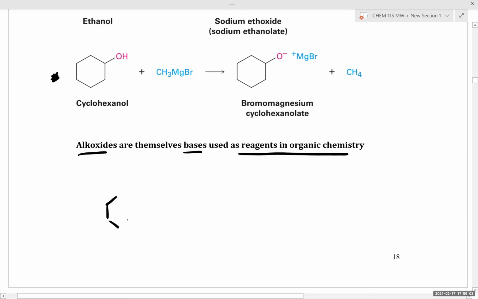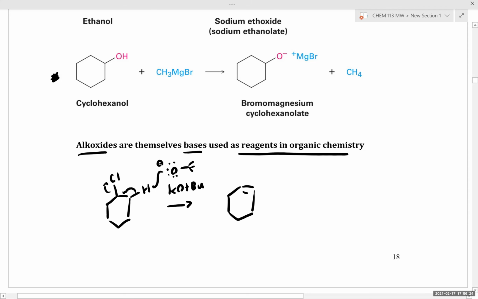For example, if you want to facilitate an elimination reaction, you can commonly use something like t-butoxide. Super common hindered basic reagent, pulls off a proton, great for elimination reactions.